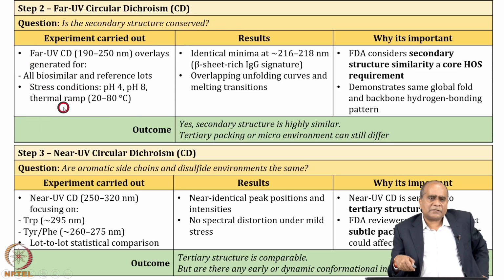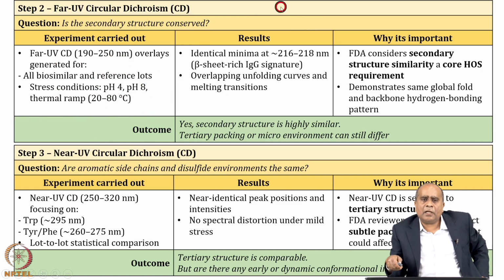Then, to look at the specificity, stress the sample: generate a stress condition at pH 4, pH 8, or just change the temperature and show that if we do this deliberately, your structure differs, right. So, if they are similar, you have an identical minimum at 216, which gives you the beta-sheet IgG signature, and overlapping unfolding curves or melting transitions can also be measured.